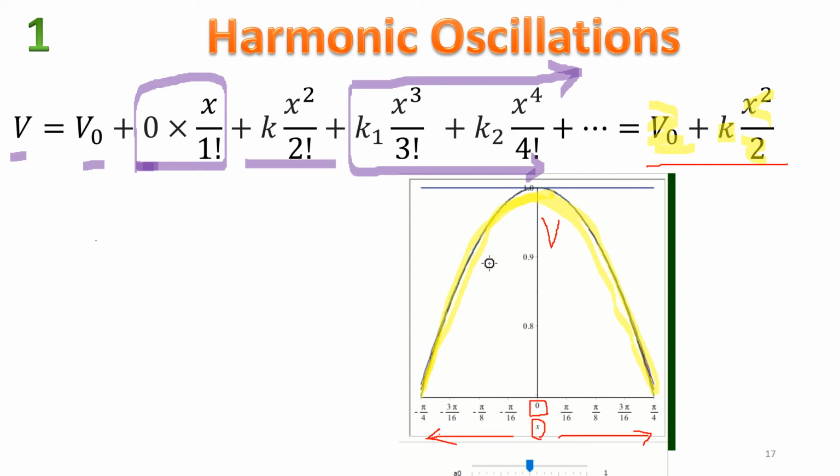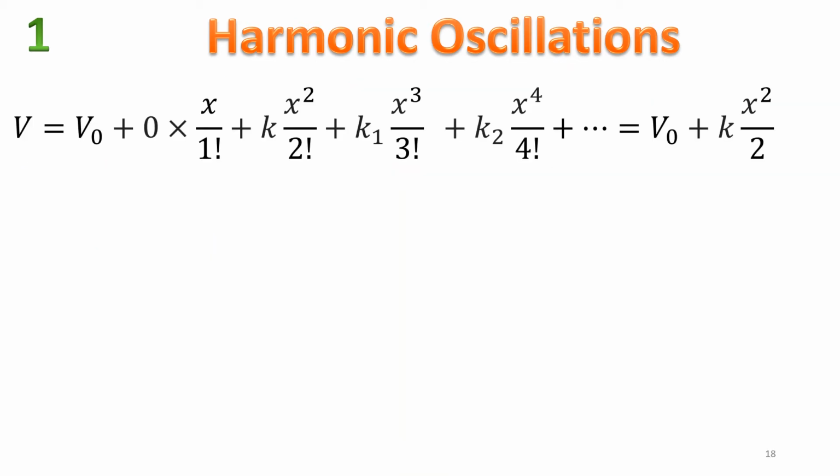Here y is equal to some constant, say a, plus bx square. This is the equation of a parabola, which is inverted, and that is for potential energy. So y is being replaced by potential energy and x is the displacement. So this is that inverted parabola which is representing potential energy.